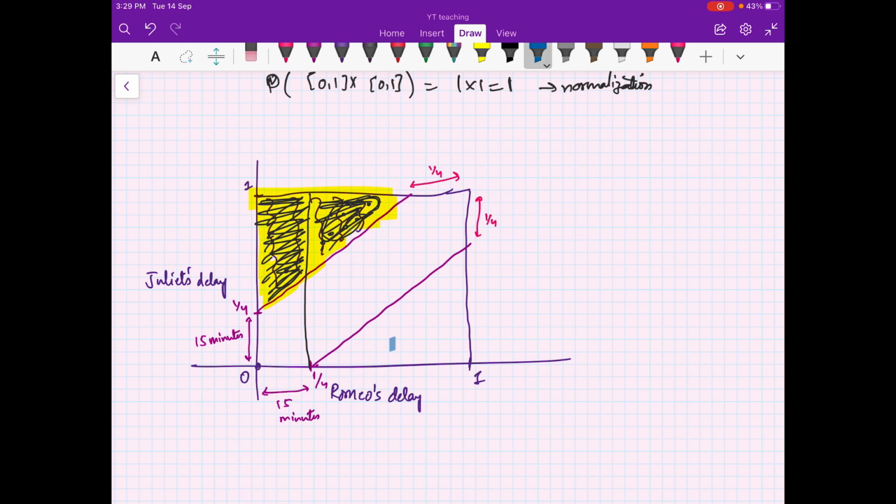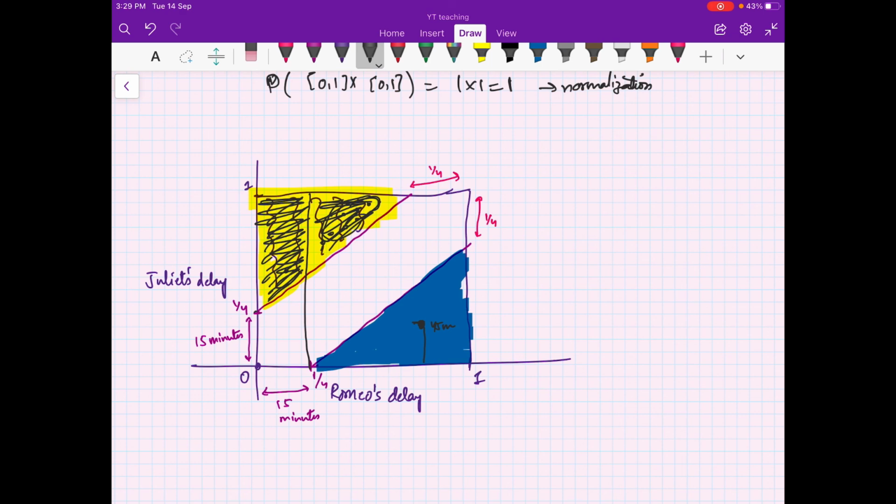Similarly, in this area here, the distance between their arrivals is more than 15 minutes. For example, at this point, delay by Romeo is say 45 minutes, and delay by Juliet is less than 15 minutes. So obviously they will not meet, because the distance between their delays should be less than 15 minutes. Then only they will meet.